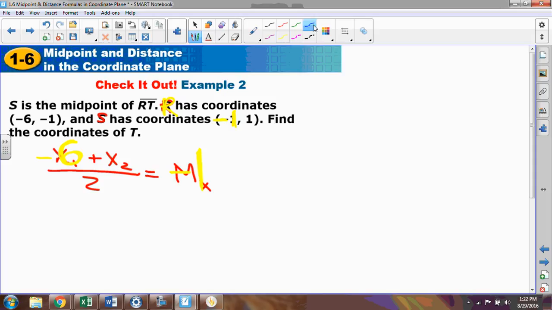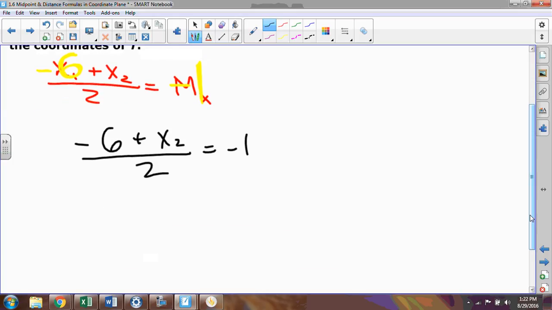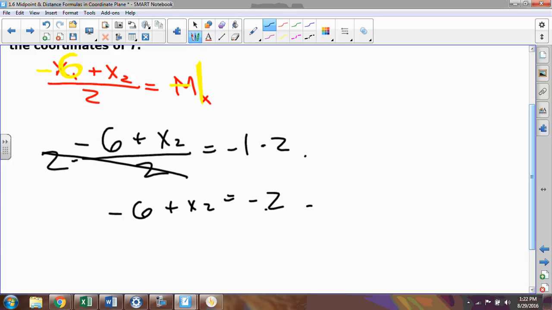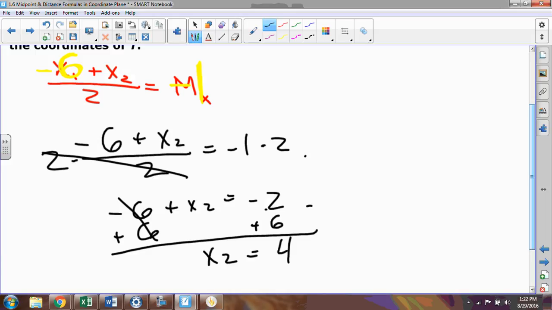What this does for us is it gives us an equation which we can now solve. To solve it, we'll have to multiply by 2, and then we can add over, and it gives us the x-coordinate for the endpoint. All of this work is used to get only the x-coordinate. We would have to do the exact same thing with the y-coordinates to get our final answer.